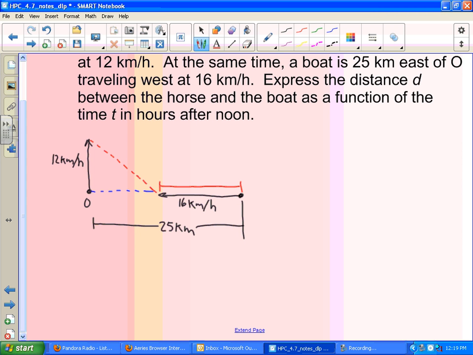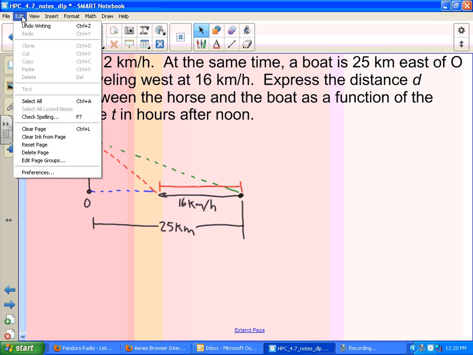And so this dashed red line represents how far this rider and the boat are away from each other. Highlighting a place where people get stuck on this: they will draw their triangle here, and that is a no-no. Do not draw a triangle going from the head of a vector to the head of a vector.